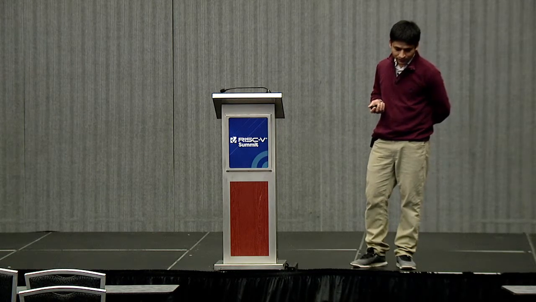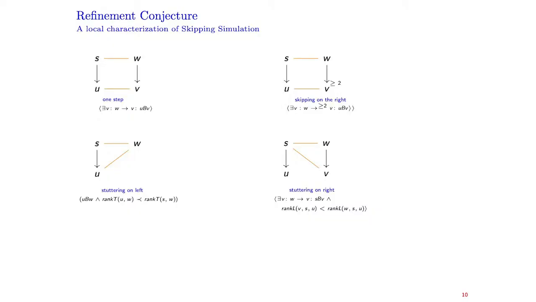What this diagram shows is that if I start in related states, that is S and W are related, and if I take a step in the implementation, one of those 4 possibilities should happen. And please ignore the formulas for now. I'll try to get to them. But the thing to see here is that we are always reasoning about just one step. So the current state and the next state are the only consideration.